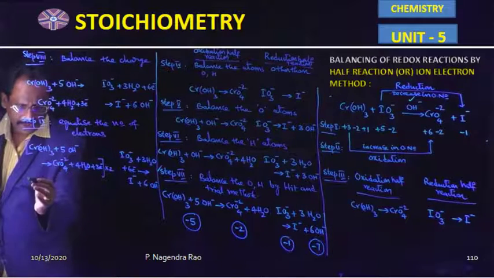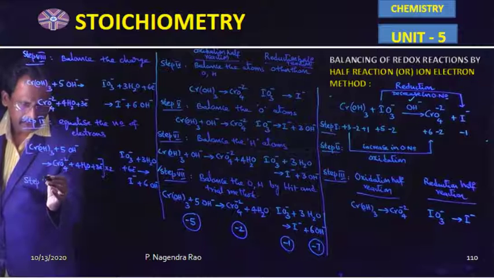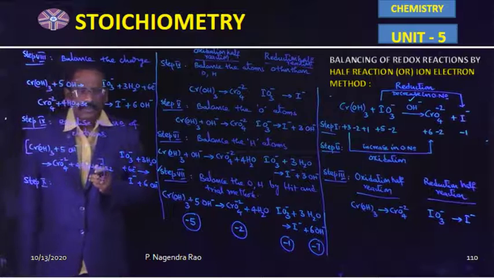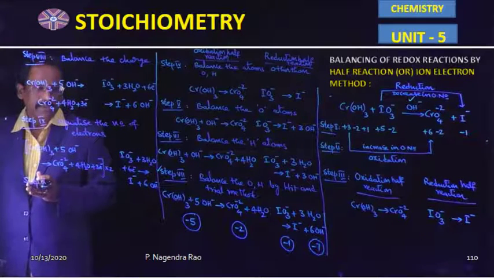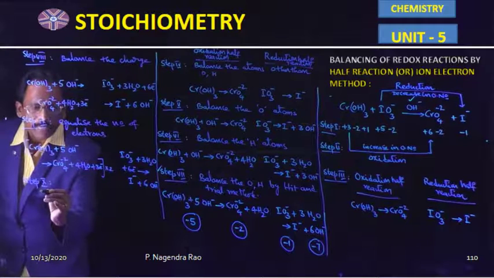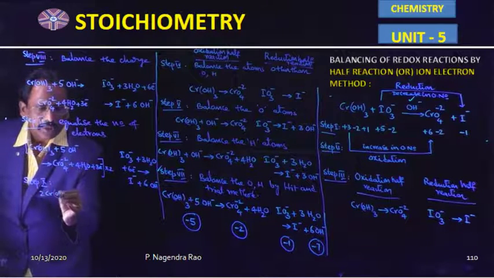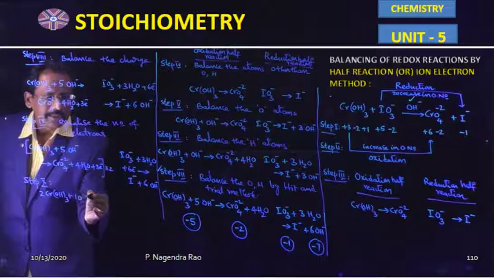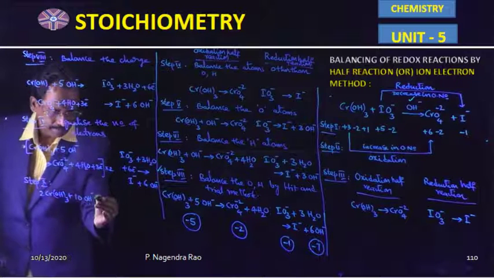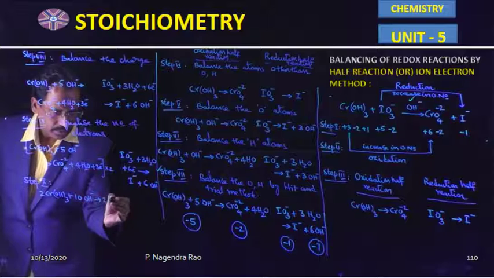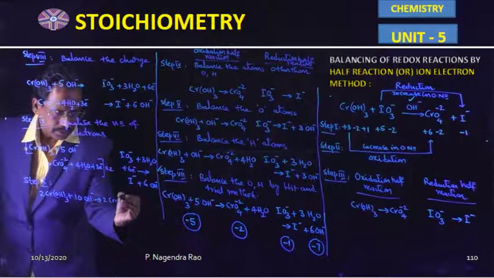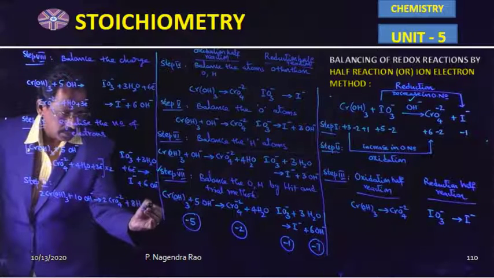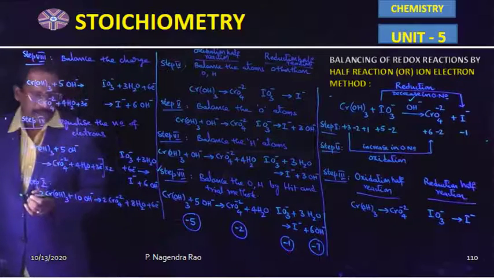And the final step is, by adding these two half reactions, the final balanced redox reaction will be obtained. 2 CrOH thrice plus 10 OH minus gives rise to 2CrO4 minus 2 plus 8H2O plus 6 electrons.